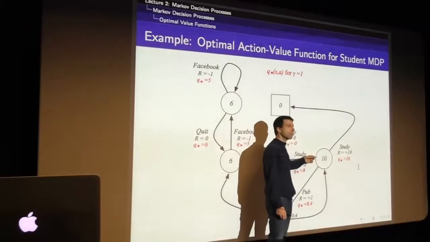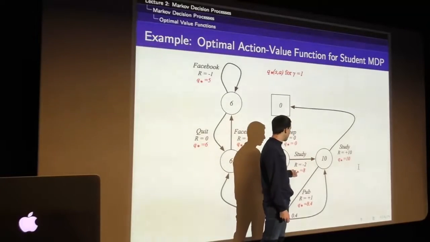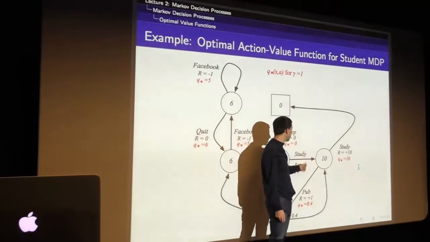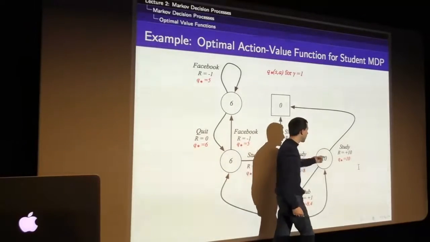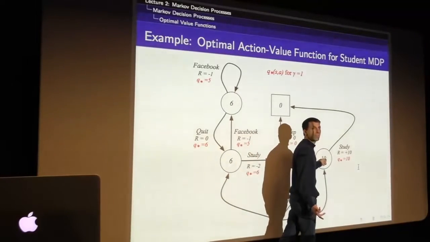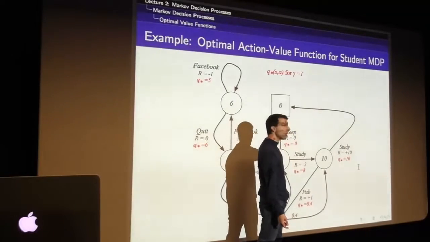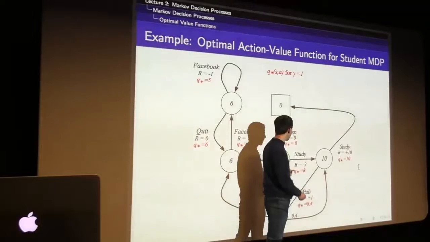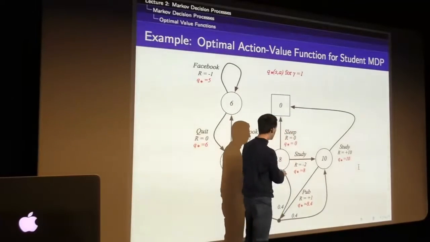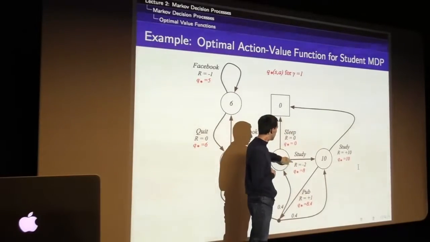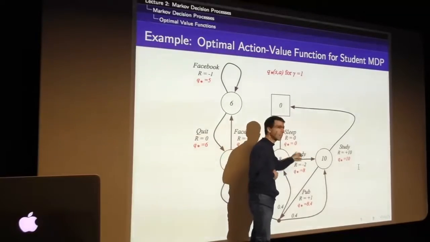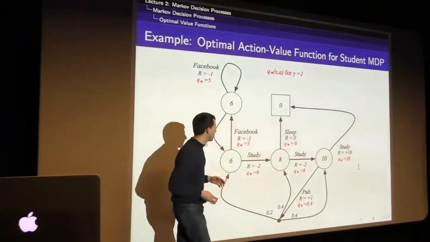The value of this arc here, we know that you're going to basically get minus 2 for taking that arc, and you're going to end up in a state that's going to get you 10 units of reward. So the value of this arc is 8, the value of this arc is 0. Now we can actually make decisions. We can choose what's the optimal decision to take from here. Well, clearly you would pick 8 above 0, so you would choose to take this arc over here.